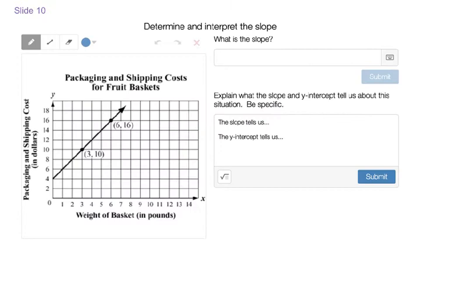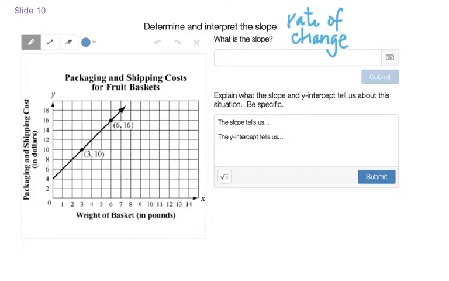Slide number 10 now has to do with determining and interpreting the slope. So let's do the first thing of determining slope. So I want you to remember that slope is considered a rate of change. It is how something is changing over an interval.